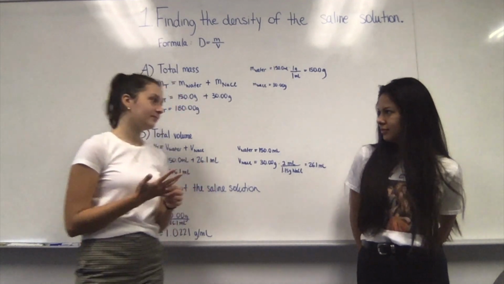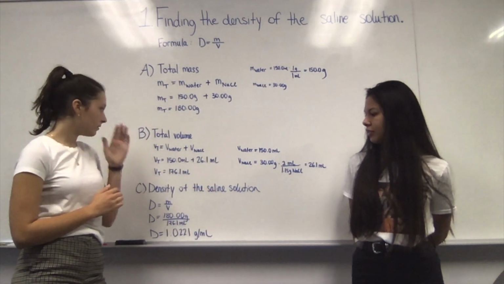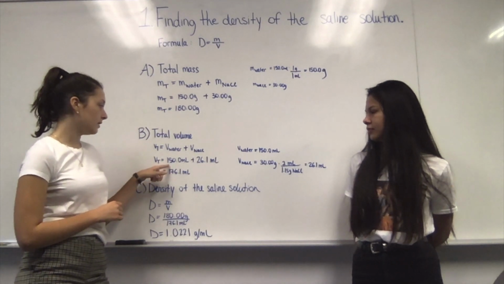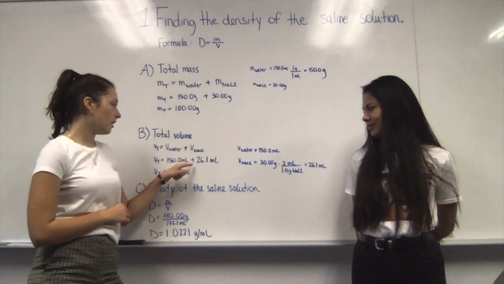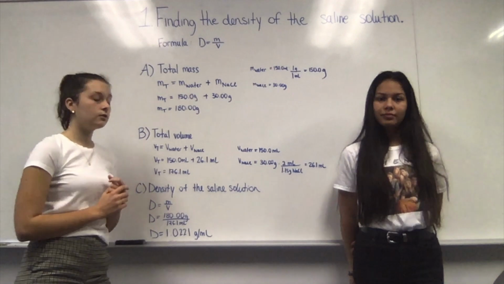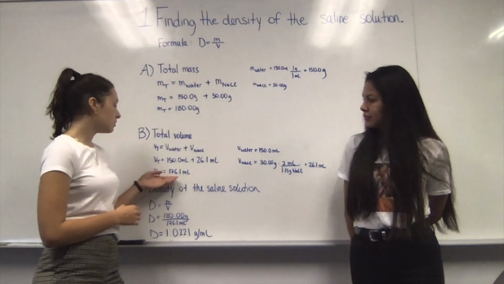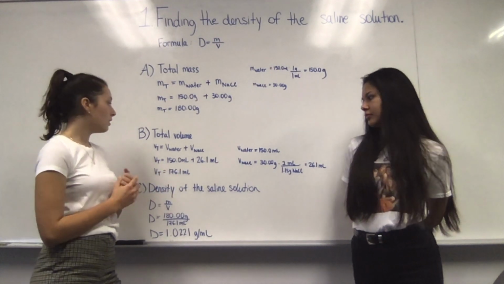To find the total volume, we added 150 milliliters and 26.1 milliliters together, and we obtained 176.1 milliliters for total volume.